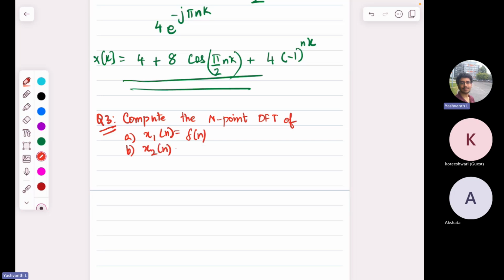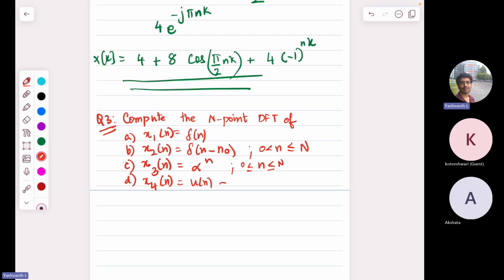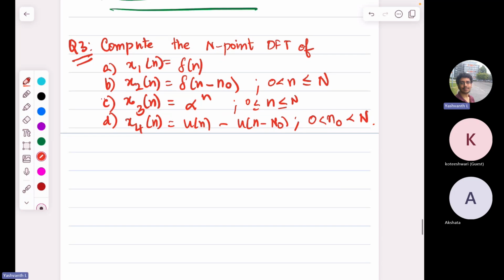B, x2 of n equal to delta of n minus n naught, where n naught is some number between 0 and capital N. C, x3 of n equal to alpha power n, where alpha is some number, n between 0 and N. And D, x4 of n equal to u of n minus u of n minus n naught, where again n naught is a number between 0 and capital N. So let's do one by one.